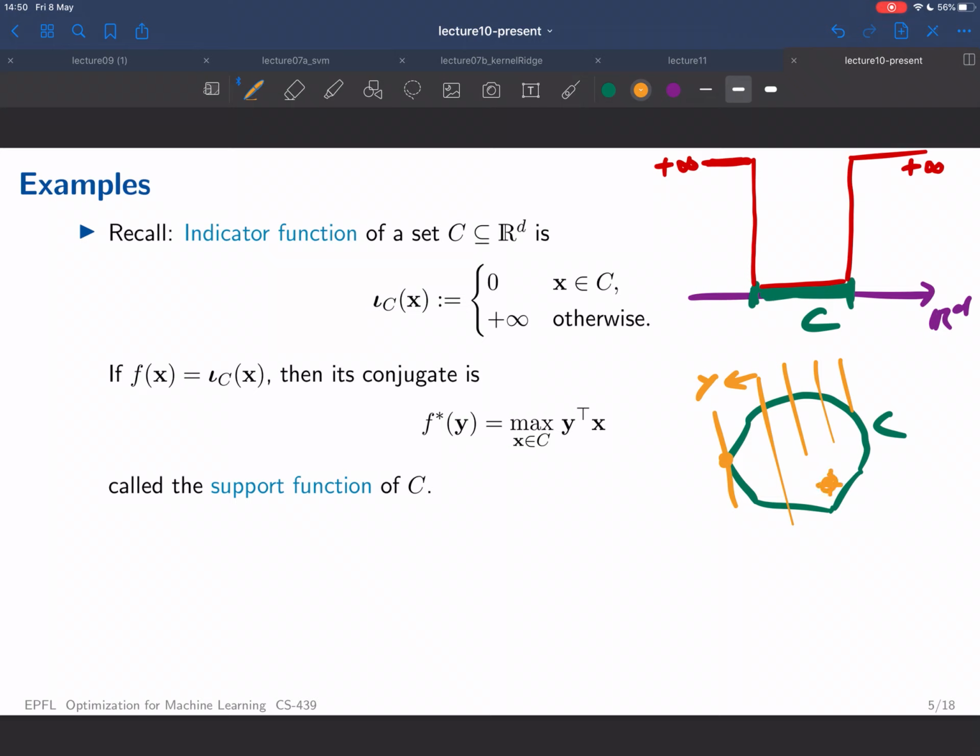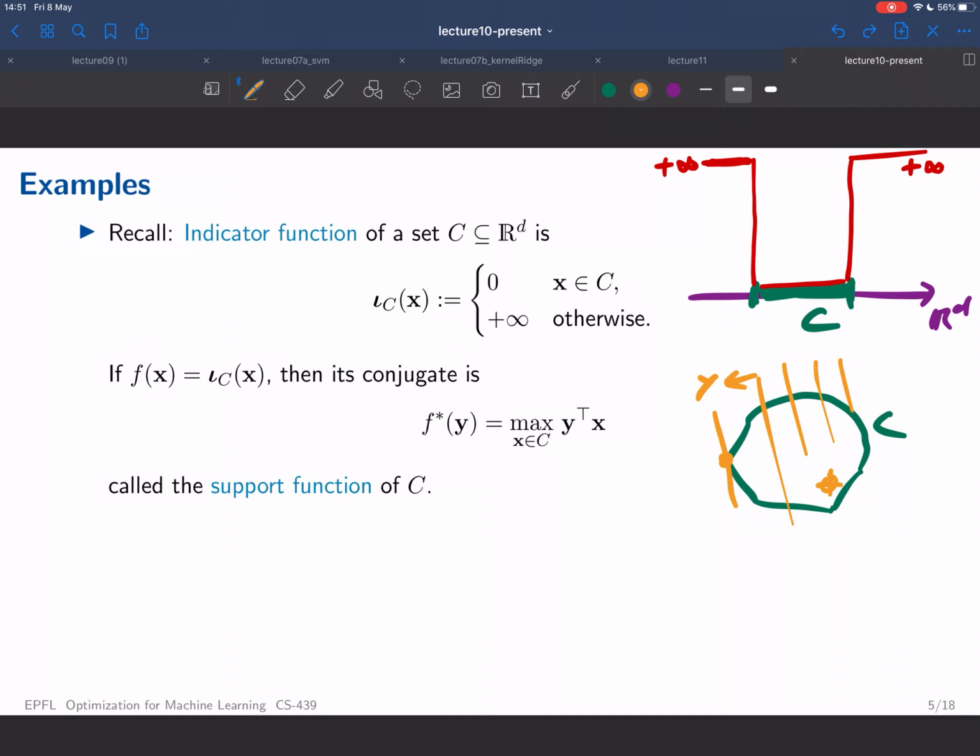And that's what the support function is. Given a set, give me any direction, the direction is called y. What is the maximum value you can go in that direction in the set, so that you get the highest inner product? That's exactly what you have seen in the Frank-Wolfe algorithm, actually. You got the gradient direction, and then you asked, how can I have the highest inner product with my negative gradient?